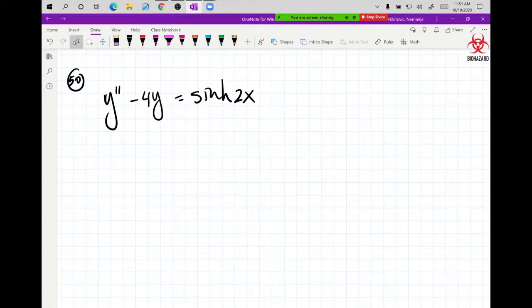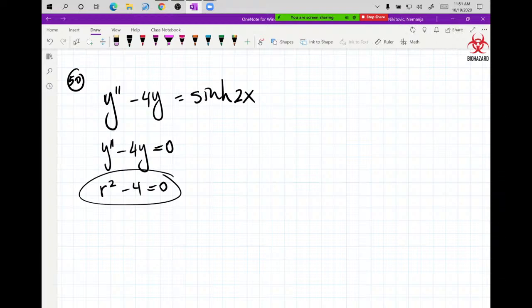So what do we do? Well, as always, we solve the homogeneous case first, and that's your r business. What you come up with here is that r squared is 4, so r is plus minus 2.